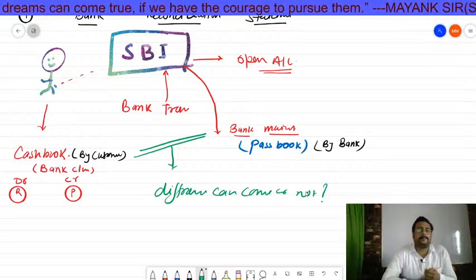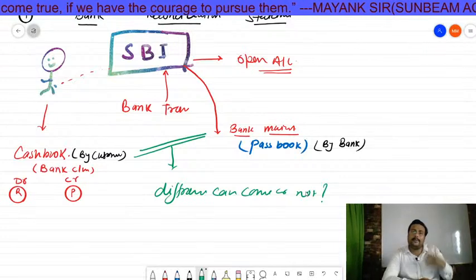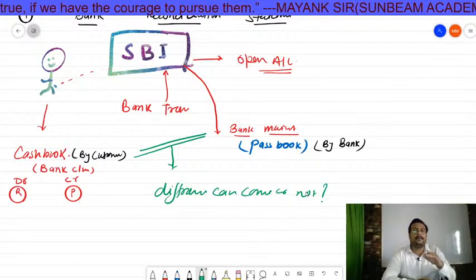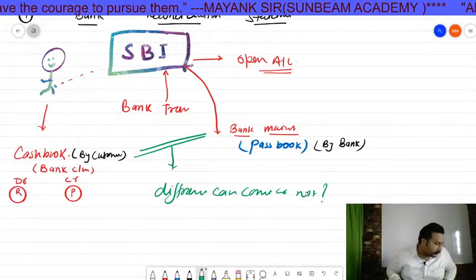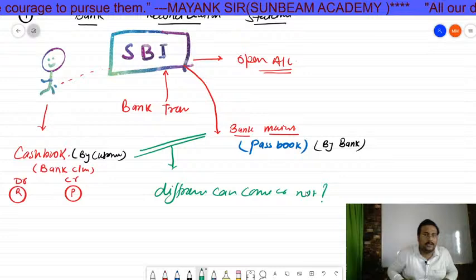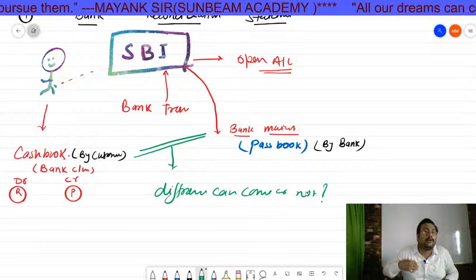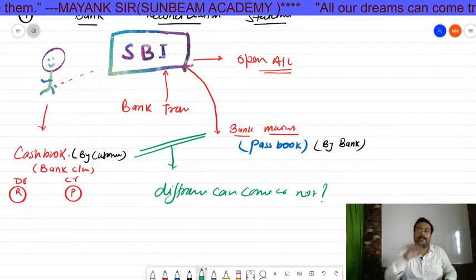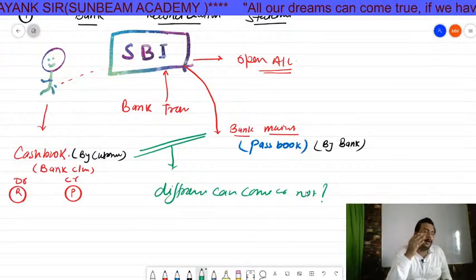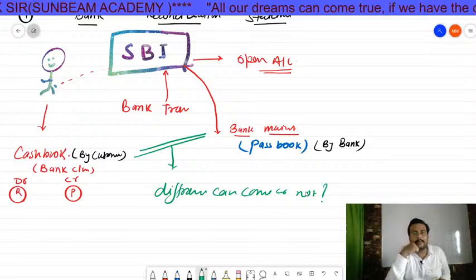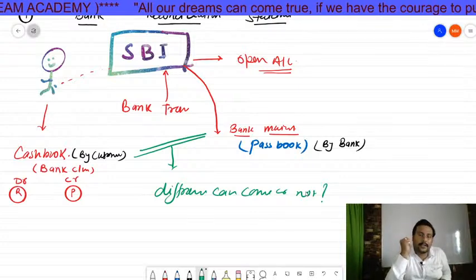Because the cash book is prepared by one person, the passbook is prepared by a different person. So sometimes a person records but does not inform the other person. Like suppose I and Aryan, I am preparing a particular book, Aryan is also preparing the same type of book. I recorded something but did not inform Aryan. So Aryan is not aware of that. When Aryan is not aware, how can Aryan record that transaction in the book? So I had recorded but Aryan did not record. Difference will come.